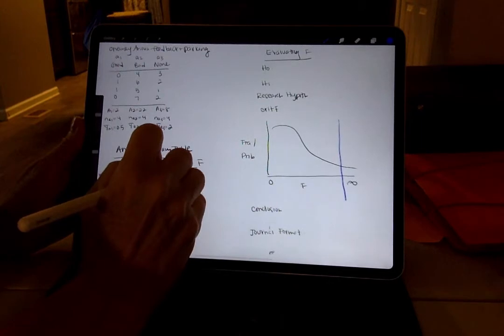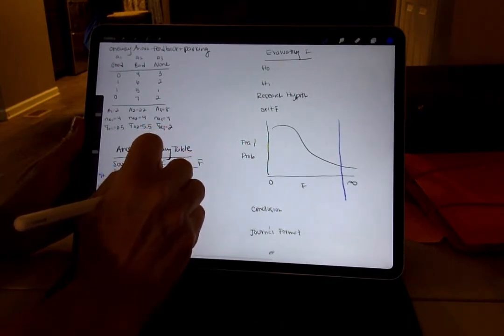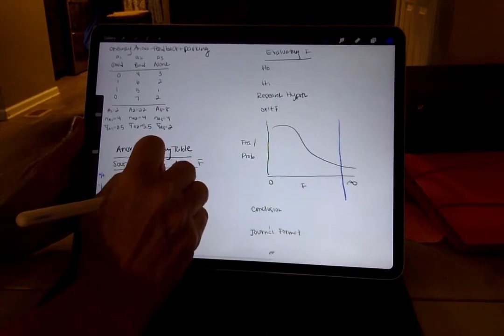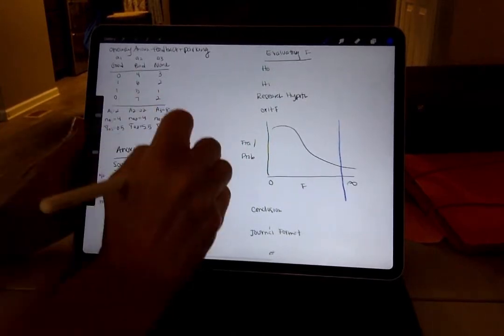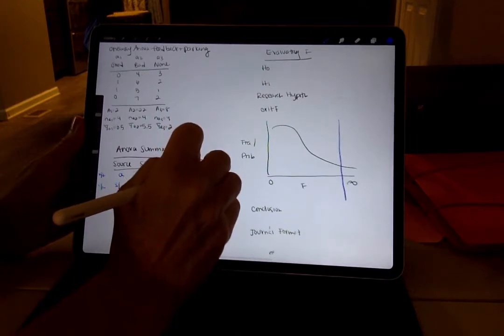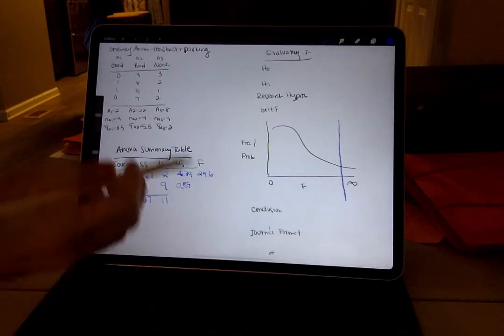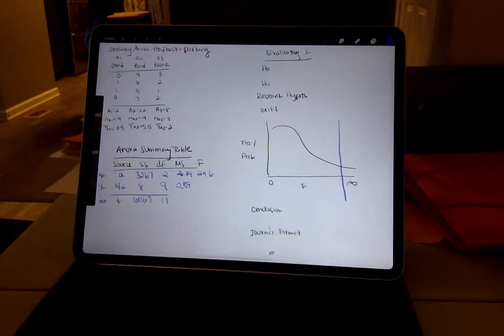Our mean square, A was 26.34, S over A was 0.89, and our F ratio was 29.6. All right, so nothing magic here. All I did was I transferred the numbers from the previous video into the ANOVA summary table.